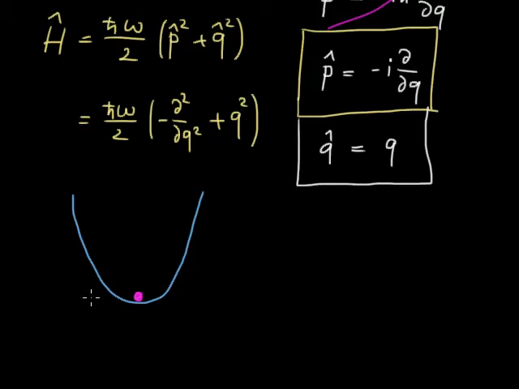The similar occurs when we start with the wave function of the harmonic oscillator in the ground state. So this is the ground state. And one can see that the solution of Schrödinger equation with this Hamiltonian is actually a Gaussian function. So there's a distribution of probability of finding my ball down here, and nothing happens.